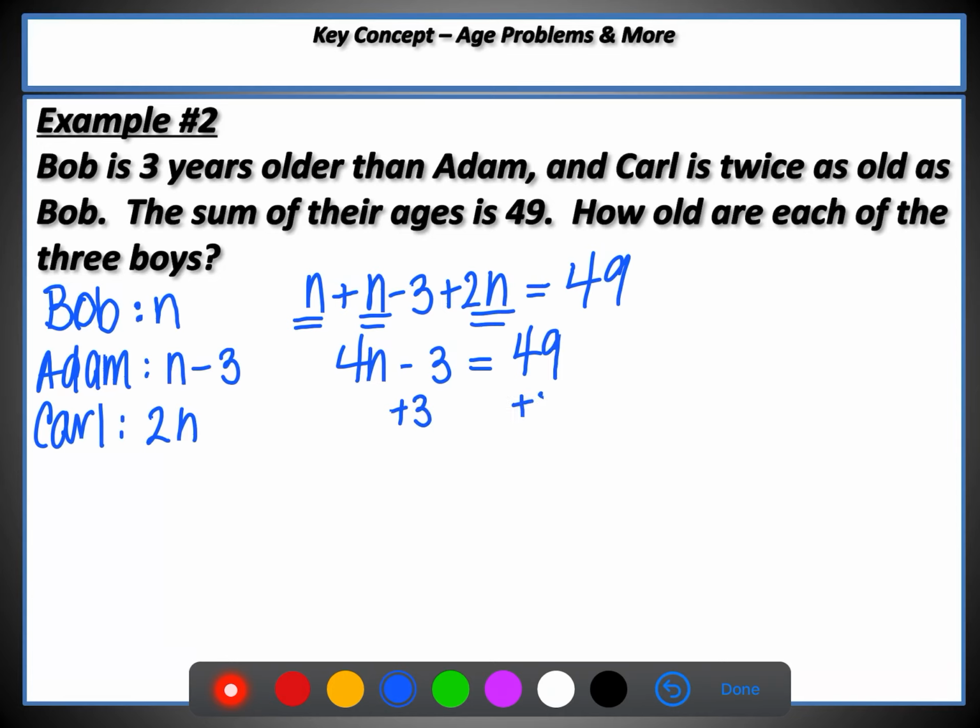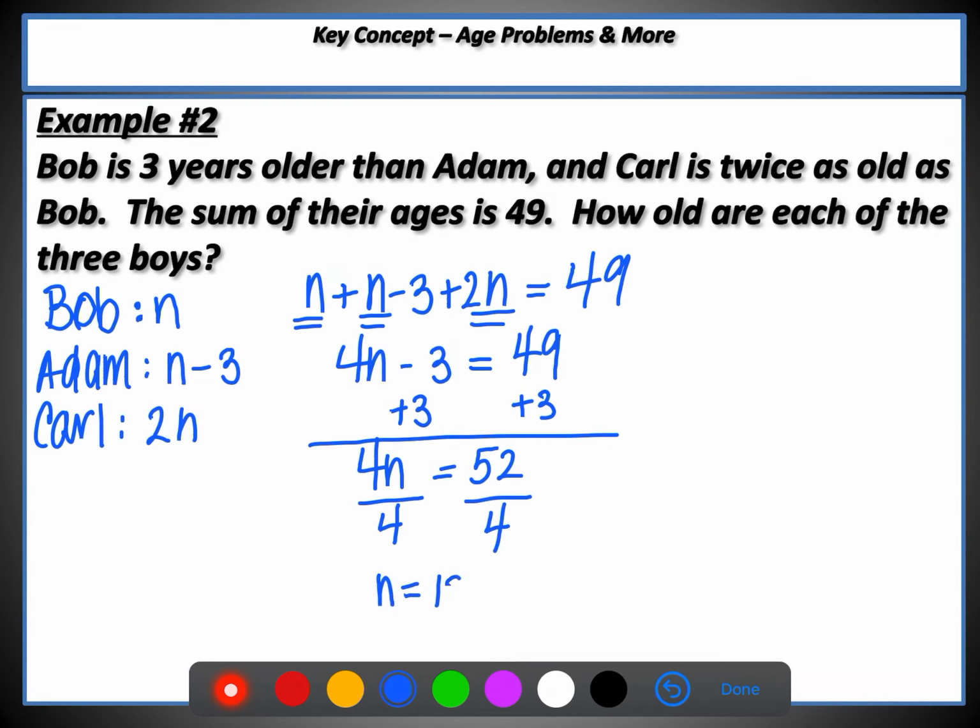All right, we can begin to solve. So 49 plus 3 gets me 52. Divide. I get n equals 13.